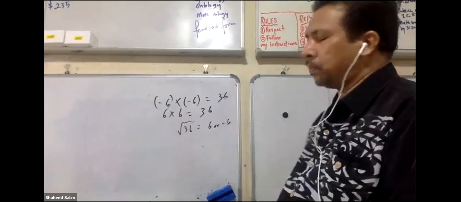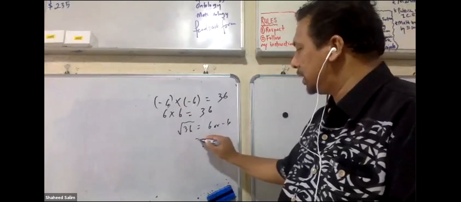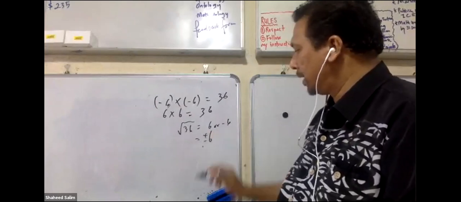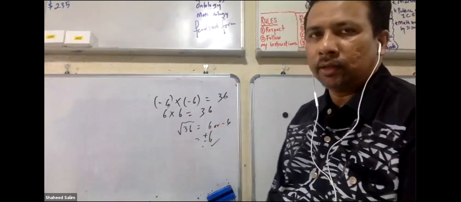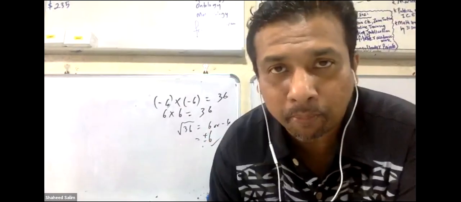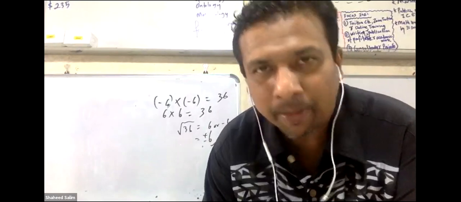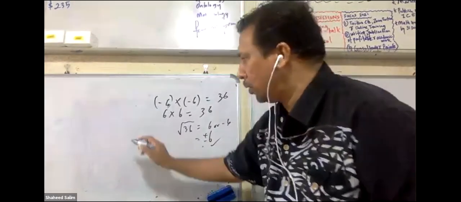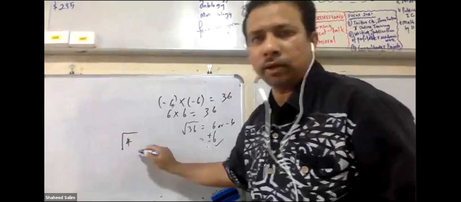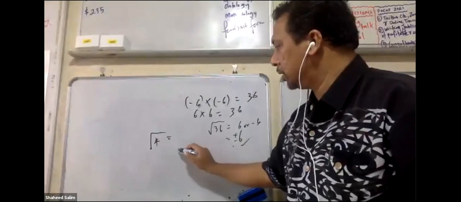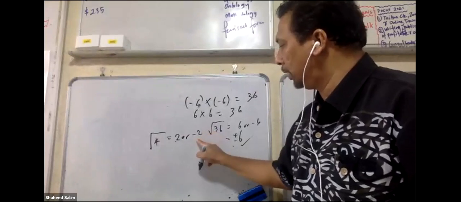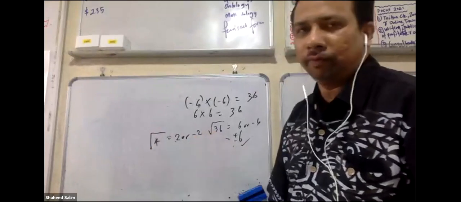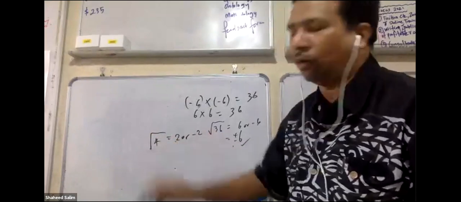Of course, +6, we don't put the plus here. So these are the possibilities. Sometimes you will see them writing plus, minus, so this is 6 or -6. So now we learn that the square root of positive numbers can be a negative number. Square root of 4 can be 2 or -2, because -2 times -2 is +4, and 2 times 2 is 4.